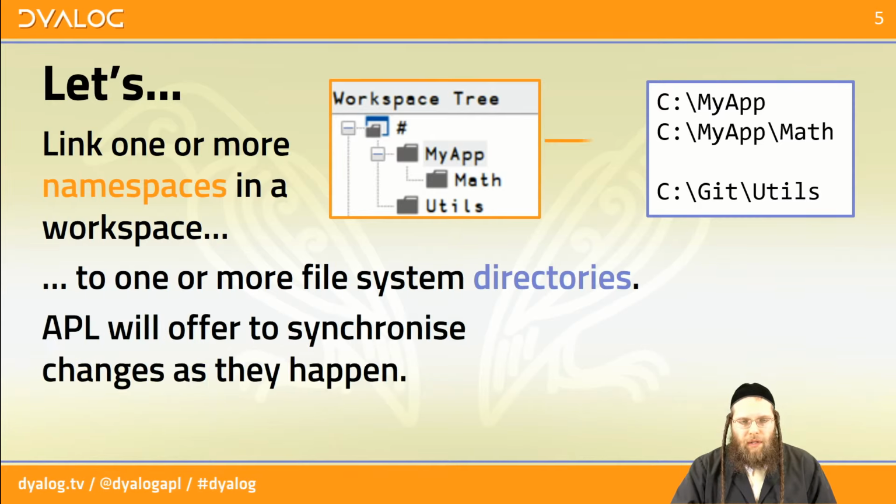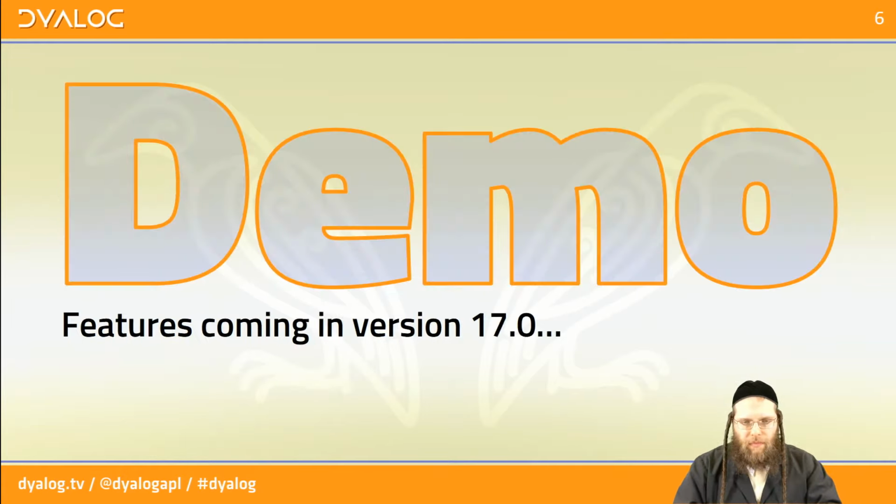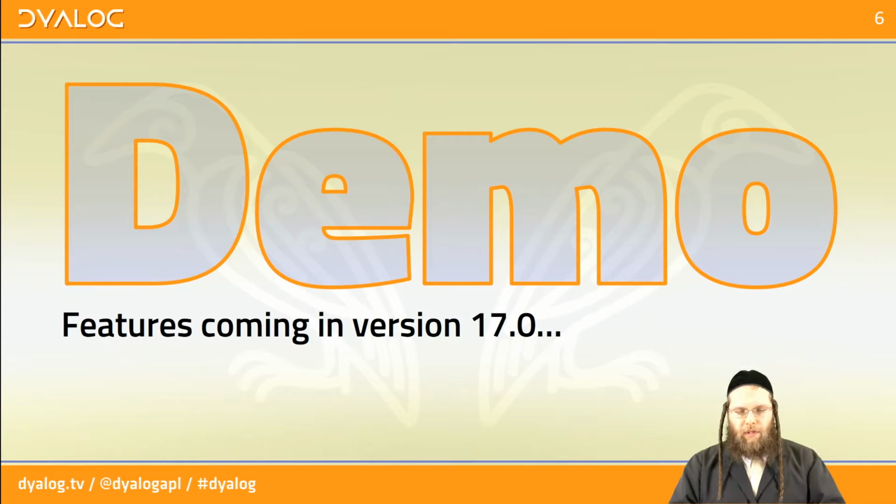And then when changes happen, APL is going to offer us to synchronize those changes and carry over whatever is new or changed in one place to the other side. Let me show you things that are coming up in version 17.